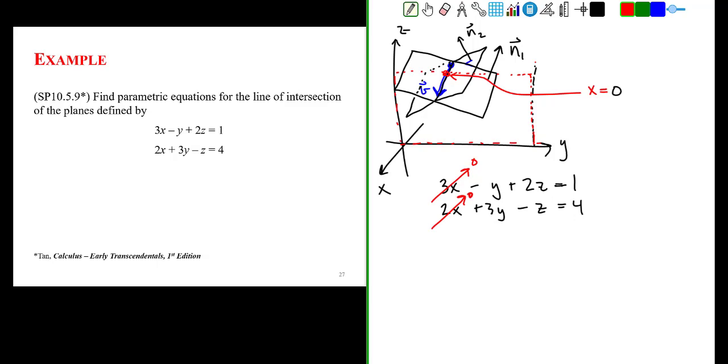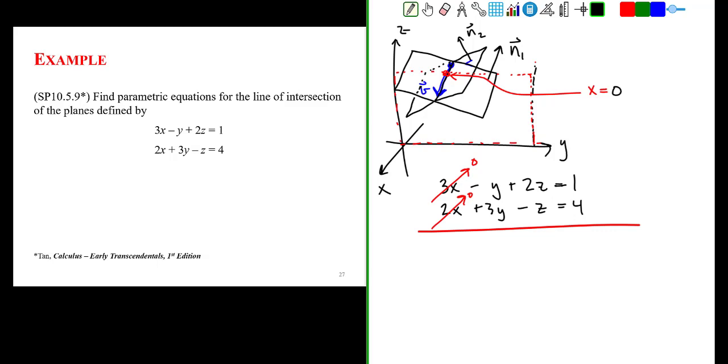Now we could have chosen y equals 0 or z equals 0 and canceled those respective terms out. It's really kind of arbitrary, me choosing x equals 0, but we could have chosen the other two coordinates as well. In adding these two equations, we could do something with them.